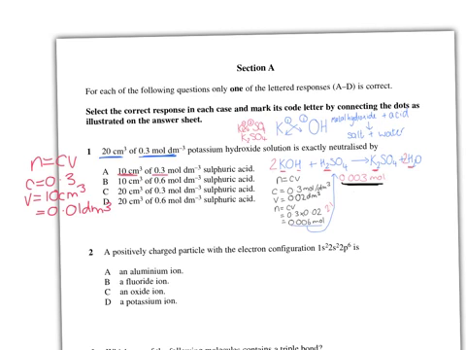So putting that into our equation, n equals CV, it's equal to 0.3 times 0.01, and putting that into our calculator, we get 0.003 moles, which is exactly what we're looking for. So our answer is A.